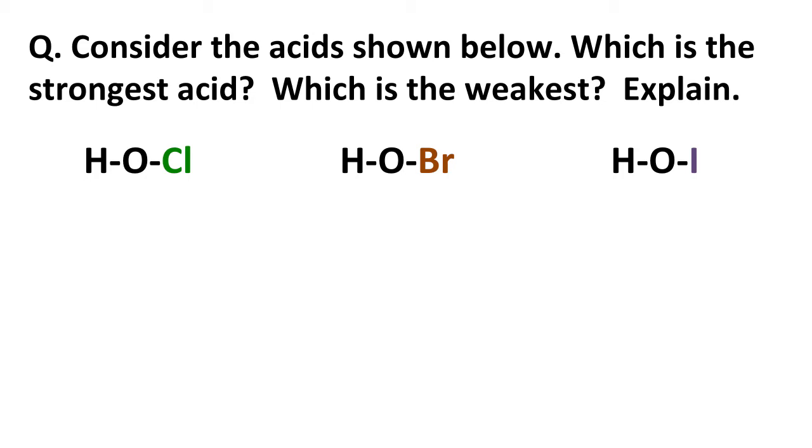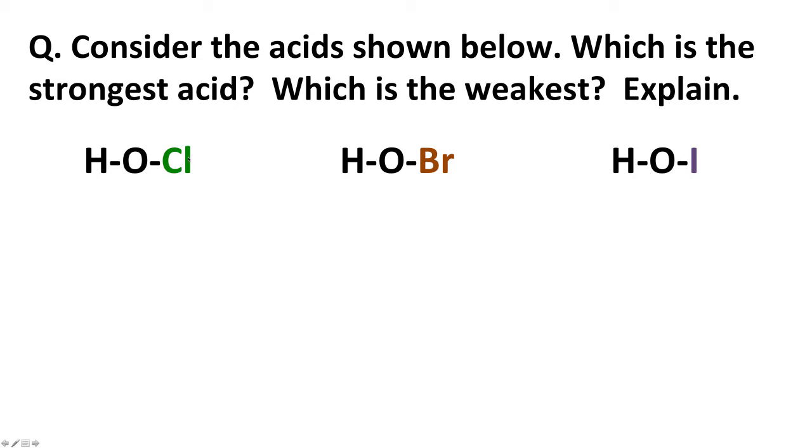So this is a group of three very similar acids: HOCl, hypochlorous acid, HOBr, hypobromous acid, and HOI, hypoiodous acid. They all are H bonded to O, bonded to a halogen.